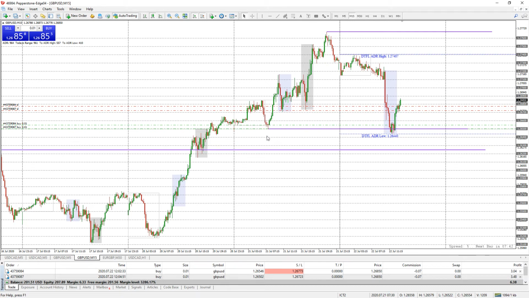So this is a good sign. Not only did it take out the low, it actually moved almost to the ADR low. So basically it moved quite a fair bit in the day, and took out the low of yesterday, and that is during the London session as well.